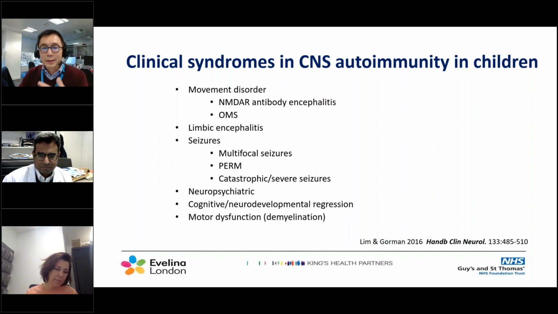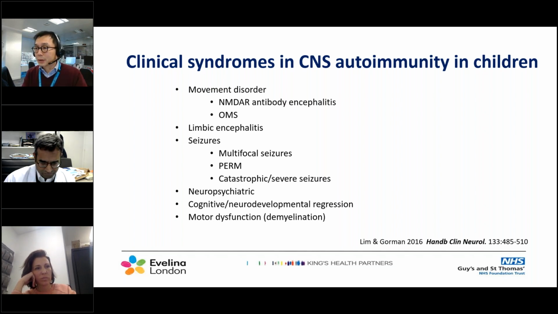And of course, you have the psychiatric and cognitive manifestations, and the motor dysfunction predominantly being of the demyelinating phenotype. And as Kevin has discussed, the longer we live and the longer we learn about things, we recognize that the immune system is not going to be super selective. It's not going to say, I'm going to hit just the gray matter and not the white matter, and vice versa, as with MOG antibodies that you hear about.